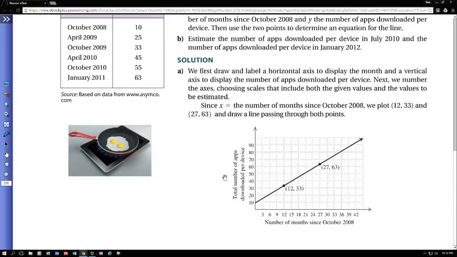Now let's look at this thing. Hey, it does work that 10 is the number of apps downloaded per device at 0, which is October 2008. But let's look at April, excuse me, how many months is that? That is about 6 or 7 months. It's kind of hard to know if that's at 25 and stuff like that.